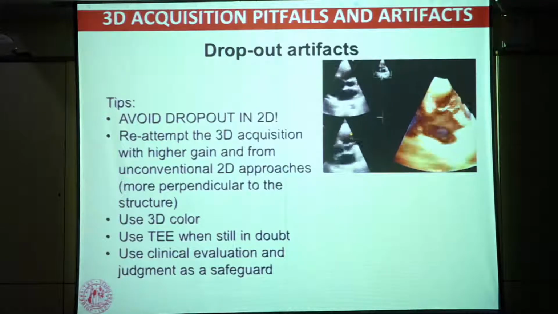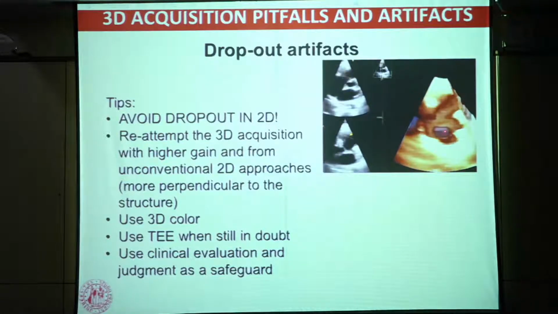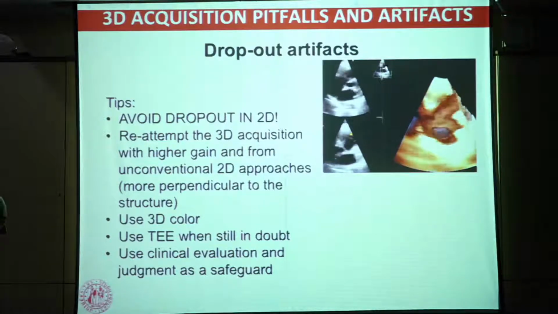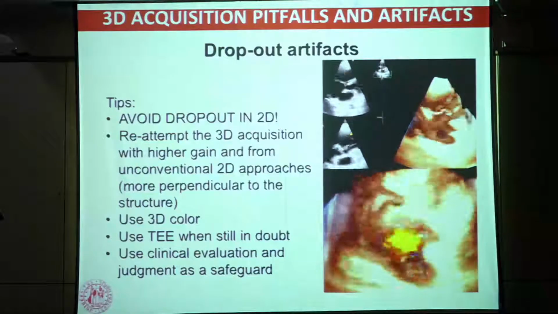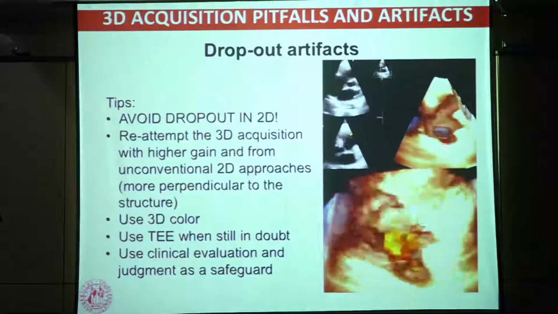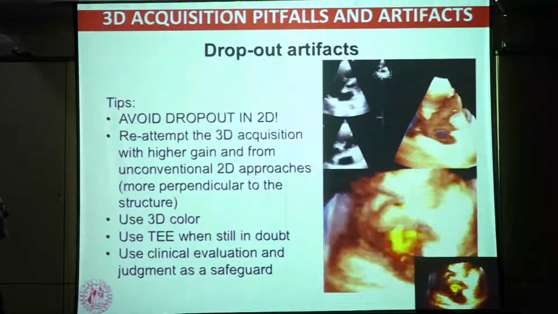This is one way to look at them. If I am not sure if this one is a true interatrial septal defect or an artifact, even if with these well-defined margins I am confident enough, always use color to have a match between the flow and the origin of the orifice.